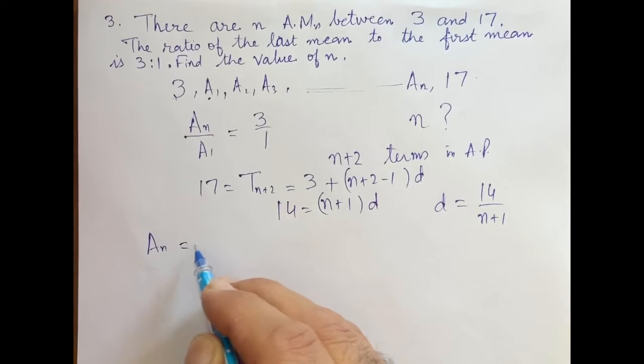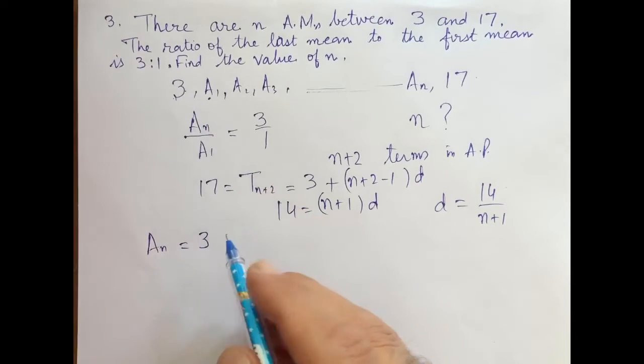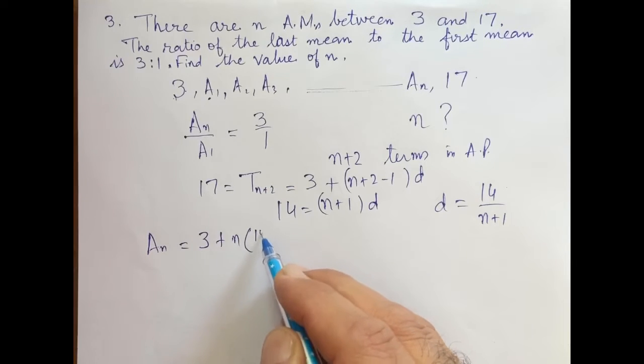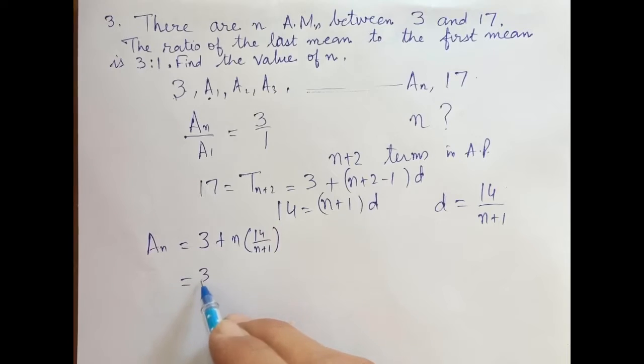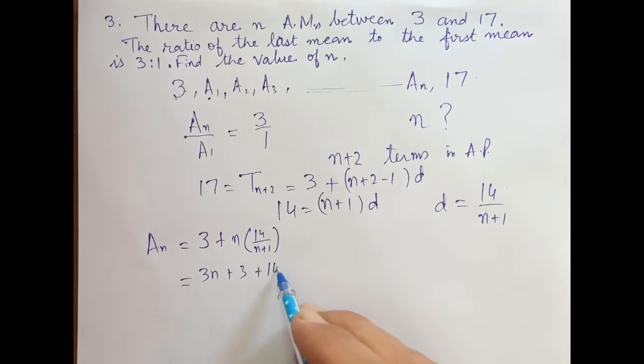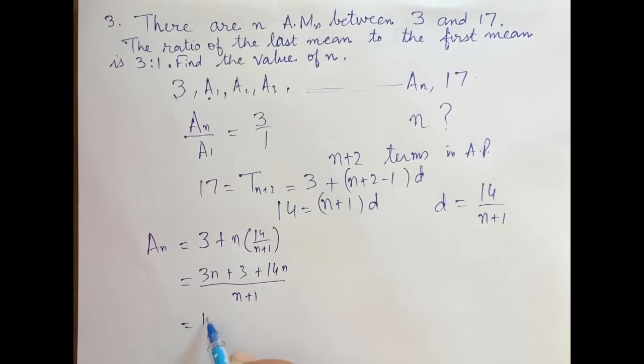Nth mean is first term 3 plus n times d, that is 14 upon n plus 1. This is 3n plus 3 plus 14n upon n plus 1. It's 17n plus 3 upon n plus 1.